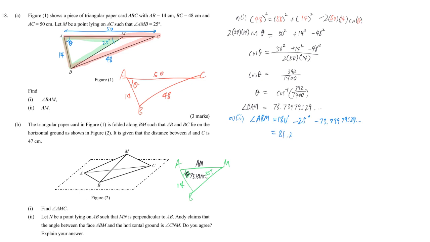We get 81.2602047 degrees, and then we are going to use the sine formula now. We already have this angle 80 something, so AM to this side, this angle should equal to another pair, 14 to sine 25 degrees.